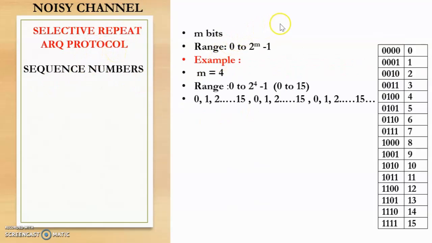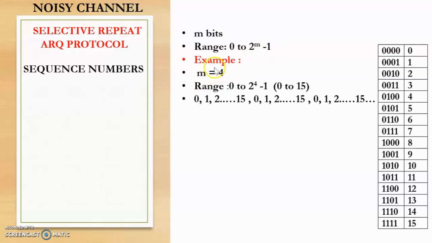The concept of sequence numbers in Selective Repeat ARQ is similar to that of sequence numbers in go back n ARQ. If the sequence number is of m bits, then the sequence numbers will range from 0 to 2 raised to m minus 1. Say for example, m value is 4, so the sequence number will be of 4 bits.